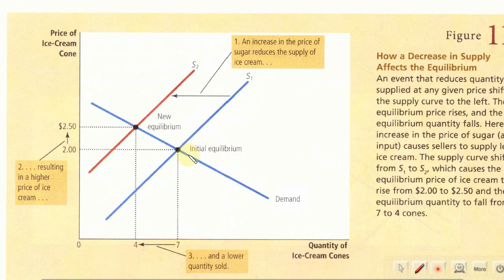If the price of sugar, which is not shown here, increases, then the cost for ice cream will increase, right? Then naturally their profit goes down because the portion of cost is higher.